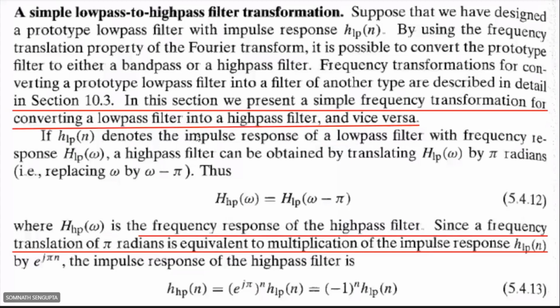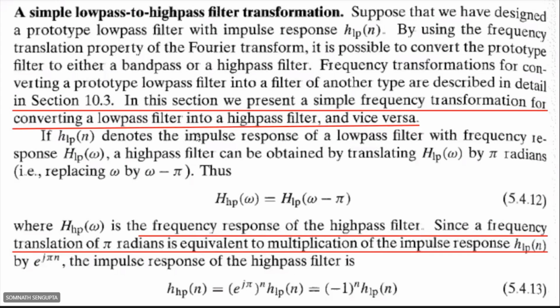Now, having any defined characteristics of a low pass filter, we can convert it into a high pass filter by changing the frequency variable omega to omega minus pi. Okay? Because in a low pass filter, gain is high at low frequency and gain is low or zero at high frequency.